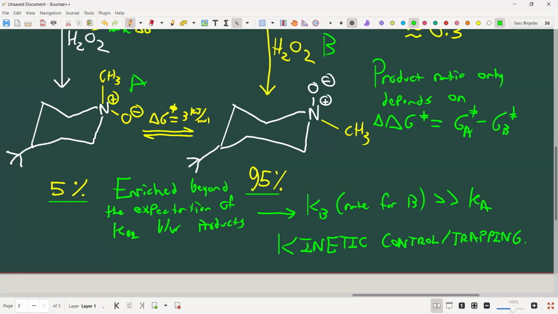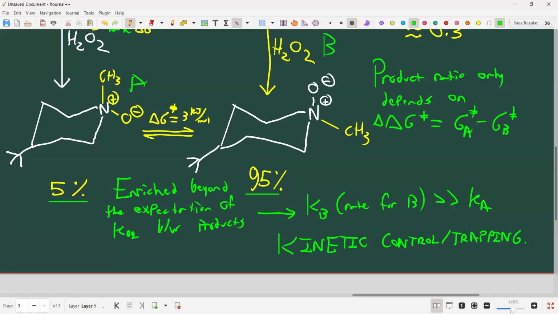So the idea is that these two pathways don't really make much of a difference in terms of their initial points and their finishing points, but the way in which H2O2 comes in and attacks the nitrogen is very different in both of these, and corresponds to one having a very fast rate and one having a very slow rate. And therefore, your product ratios reflect the difficulty of forming this one kinetically.